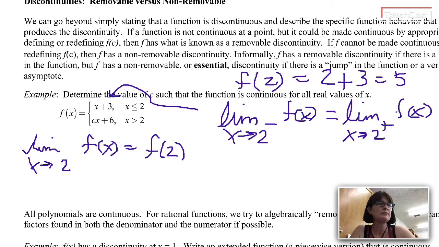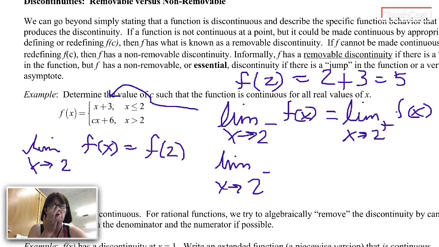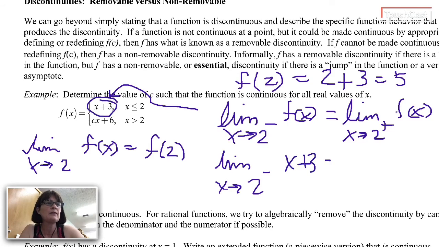To the left of x equals 2, which rule is in charge? To the left, it's this one. I need x plus 3 to equal the limit as x approaches 2 from the right of, where a different rule is in charge, cx plus 6.